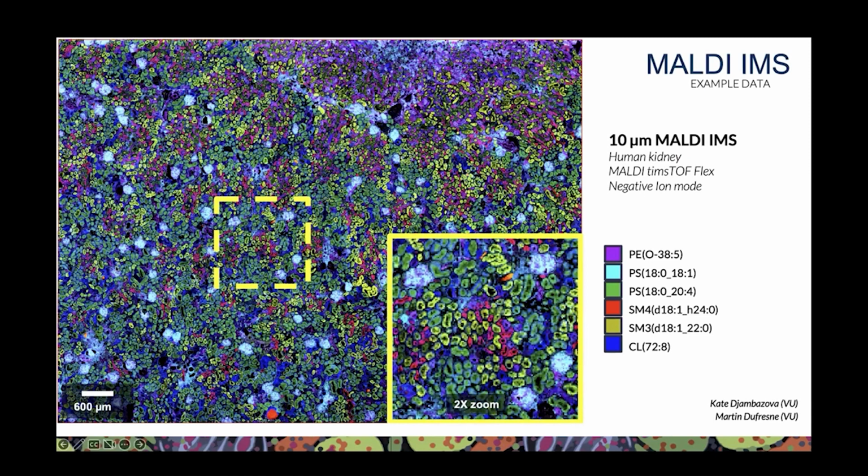And we're picking out different structures. We've just selected these because they're highlighting glomeruli within the tissue, proximal tubules, distal tubules. We're just selecting molecules that are associated with different structures within the medulla of the kidney, which is up here towards the top, as well as the cortex. And of course, these are all human tissues. So these are tissue blocks from nephrectomy samples.